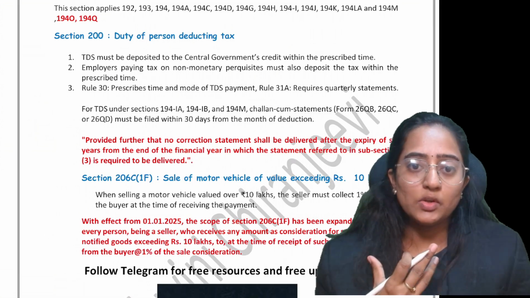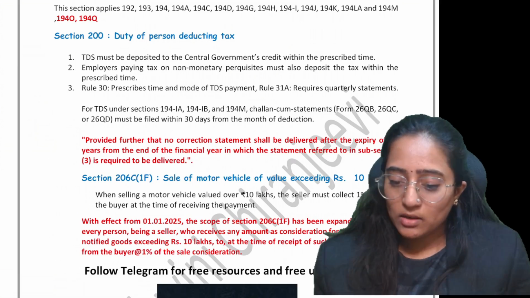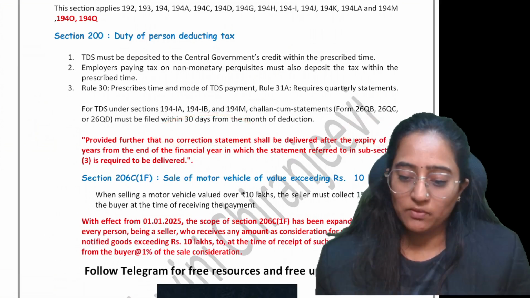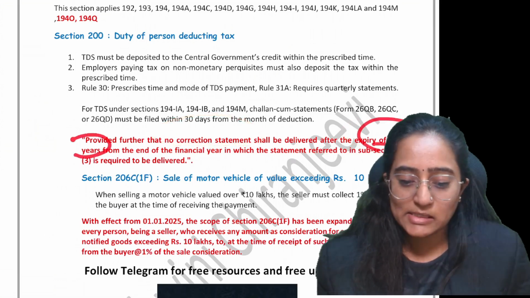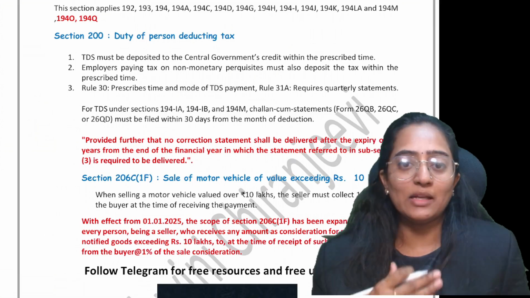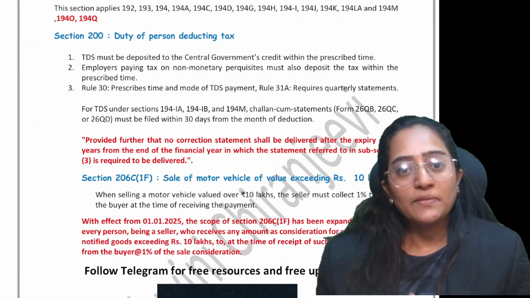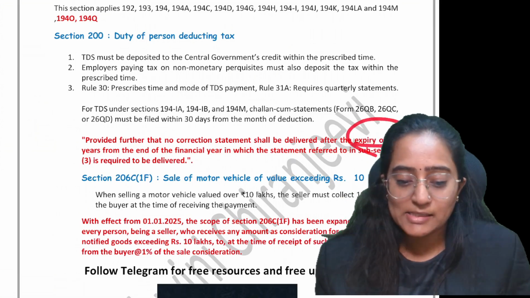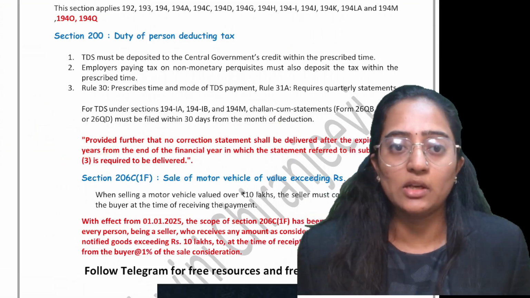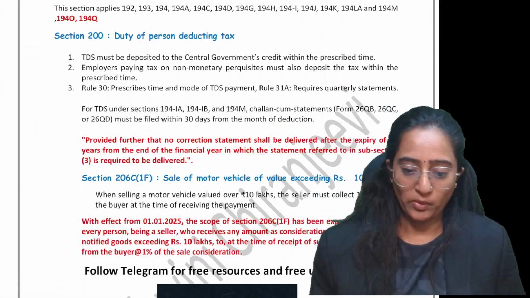Suppose a statement needs to be delivered in this particular year, PY 24-25. After it is delivered, once the 6 years have expired, you can't go and say you need to make some correction in your TDS statement. You can't state all those things. That is what the explanation provides.